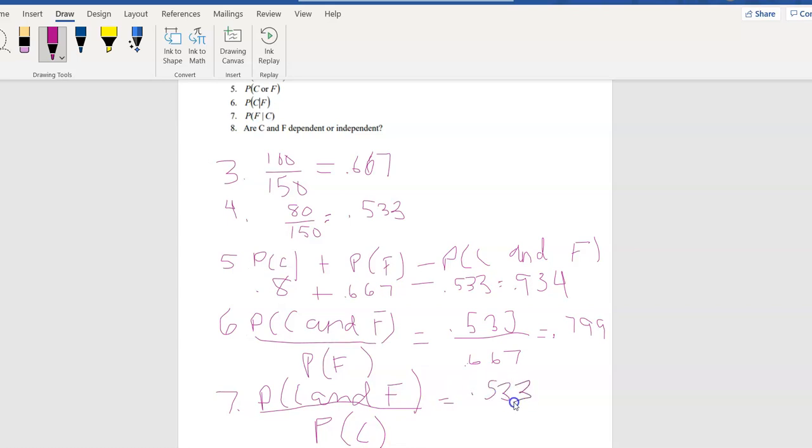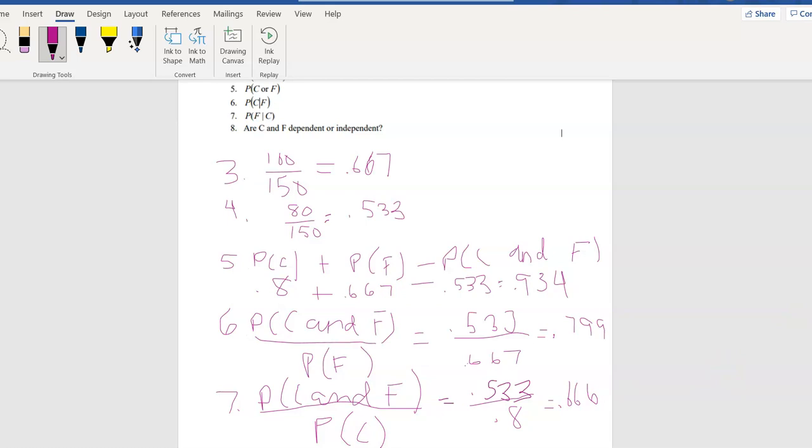But let's go back and see what C was, 0.8. And if we put that in our calculator, we get 0.666. Again, probably a solid 2/3, but since we rounded, it's a little bit hard to tell.